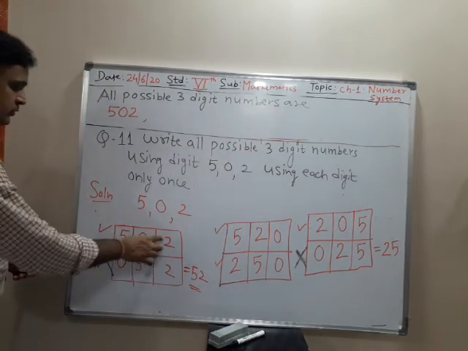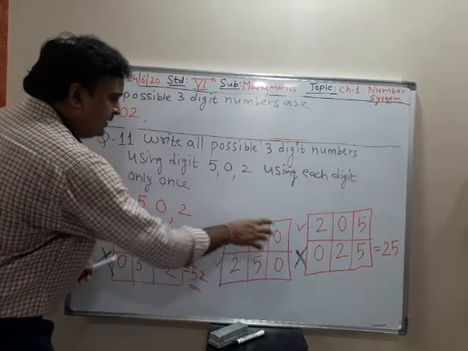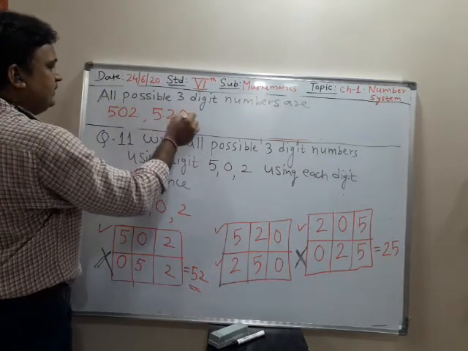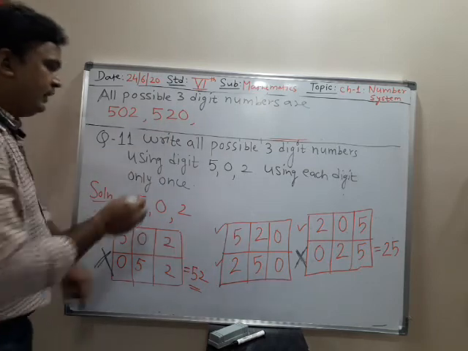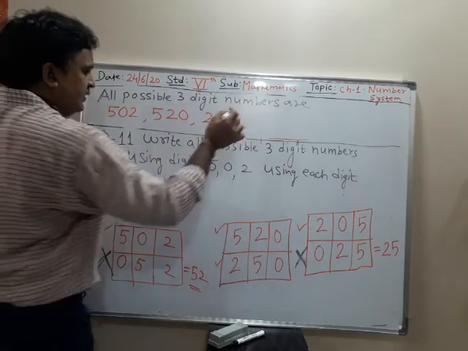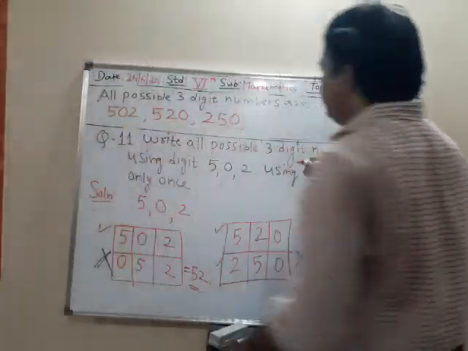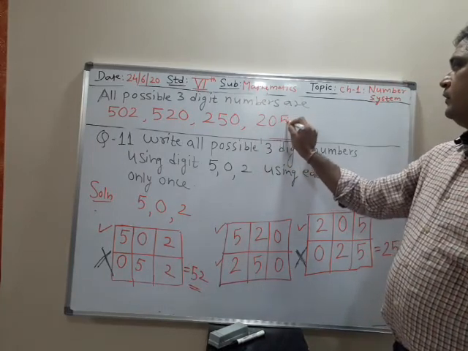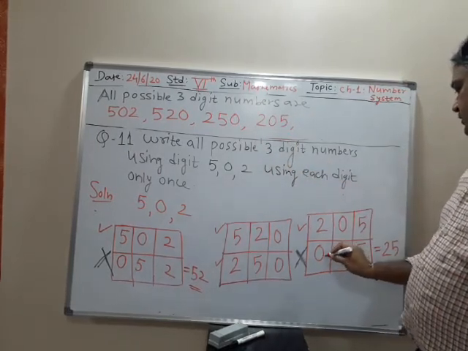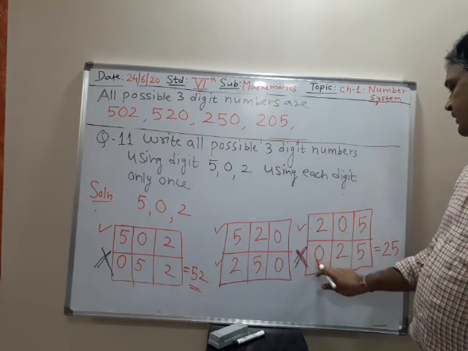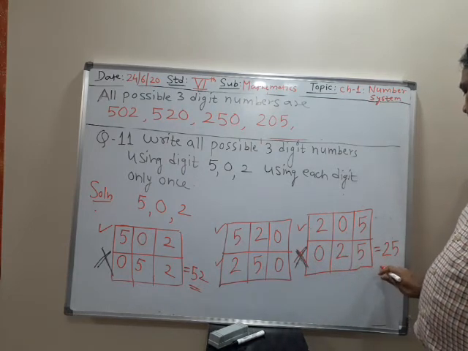So 502, okay. Now 520, okay. Then 250, okay, a 3-digit number. Then 205 is okay. Then 025 I will not consider, because 025 is the same as 25, which is a 2-digit number.